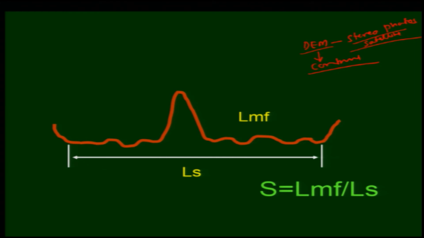Now, this ratio will tell you whether the area is active or not. And as I told you, you need to keep in mind whether the rock is more erodable or less erodable. With more erosion, you will have a higher length, whereas with less erosion, you will have a lesser length of LMF.